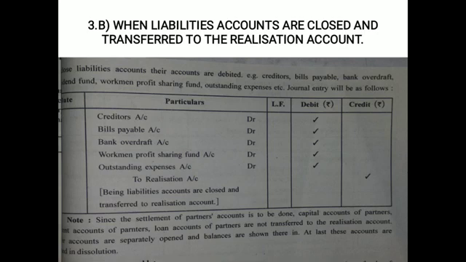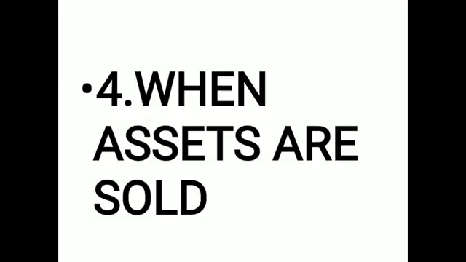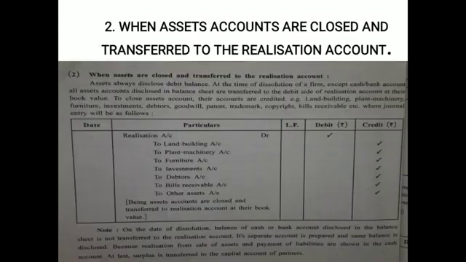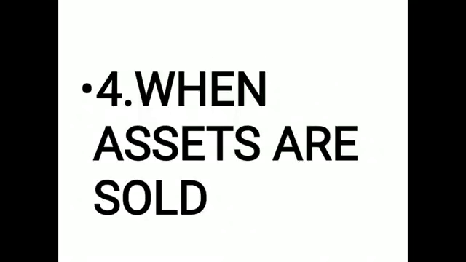Alright. Let us see what is the next topic. An important one. When assets are sold. Here we had a journal entry that assets accounts are closed and transferred to realization account. Why have these accounts been closed?